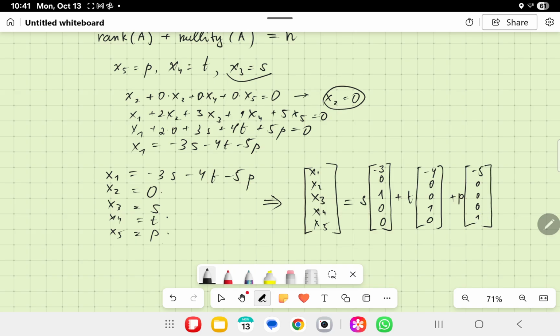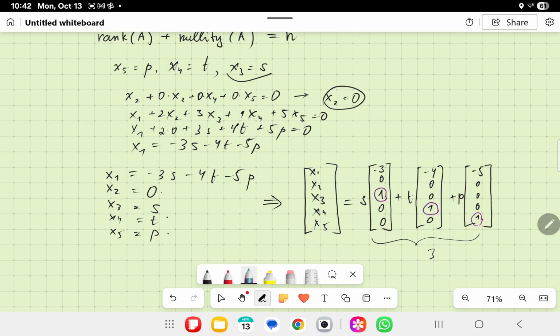Now, guys, let's look at how our solution looks. First, how many vectors do we have? Obviously, we have 3 vectors, right? Second, do you see that these vectors are linearly independent? How can we see this? Well, watch what happens to the 1. Over here, the 1 sits in the last position, over here next to last, and over here next to last, right?